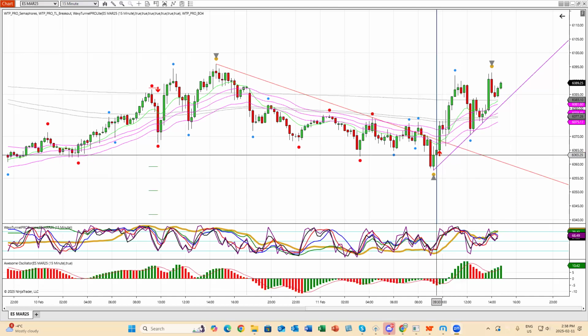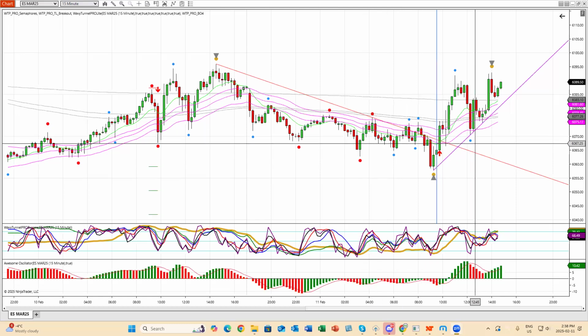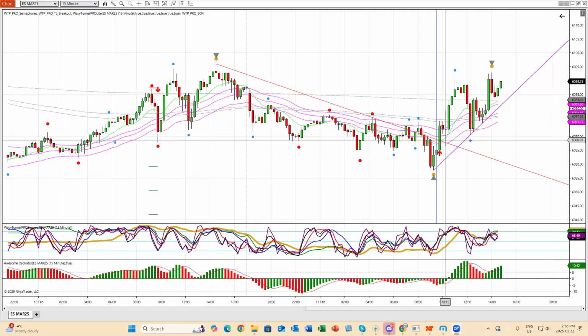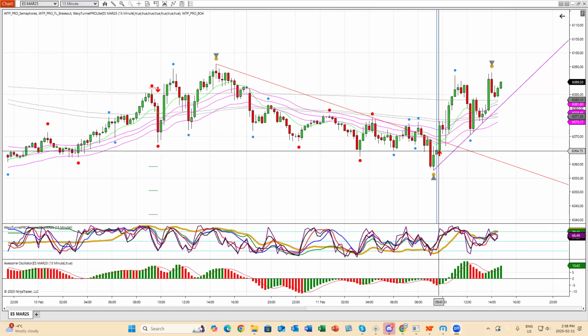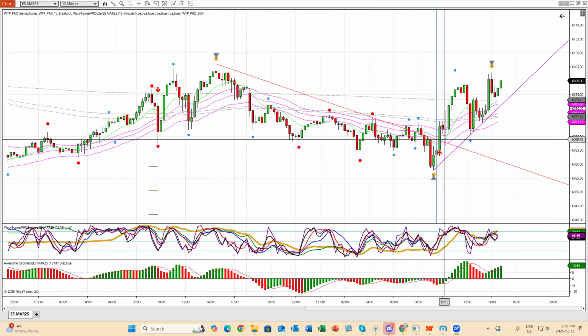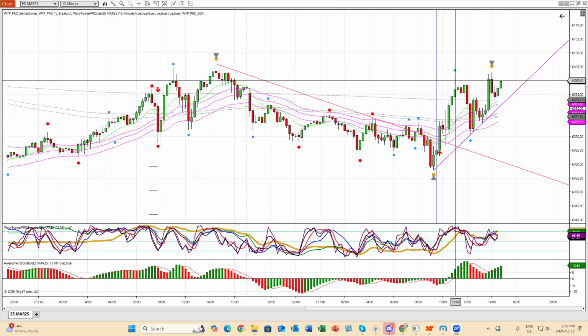Right here at 9:30, we automatically broke above the automatic trend line, and then we came down and retested. So this was a nice area to go long, right back into the wave. We broke through it and came back into it, and then we blasted off.